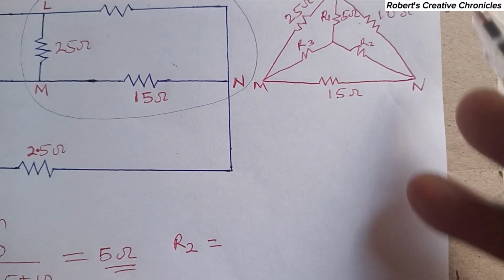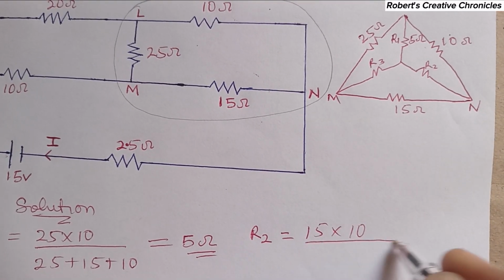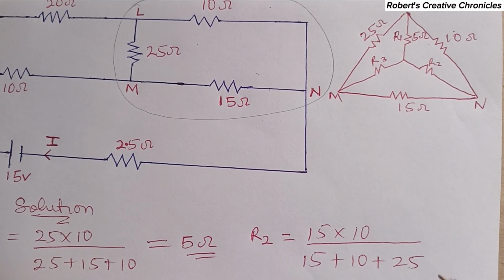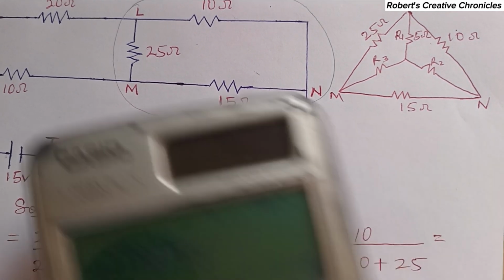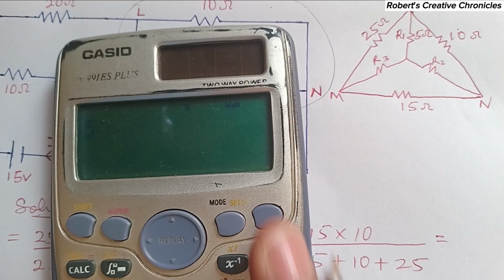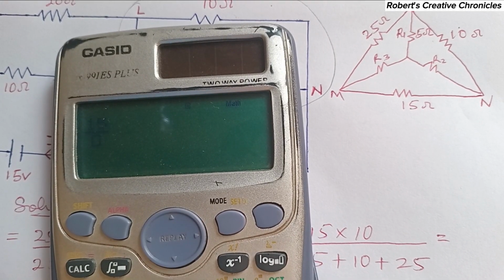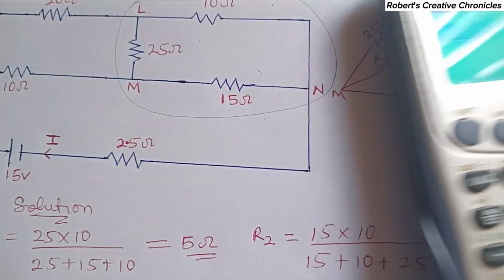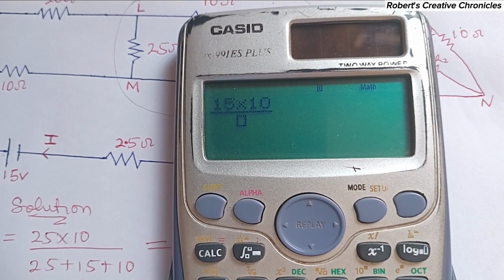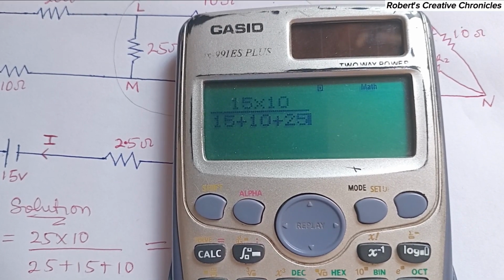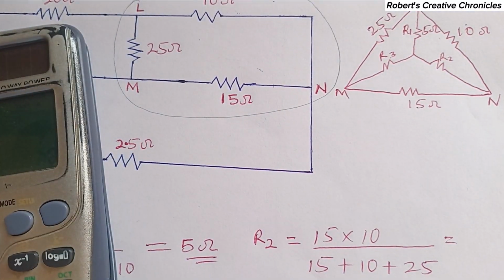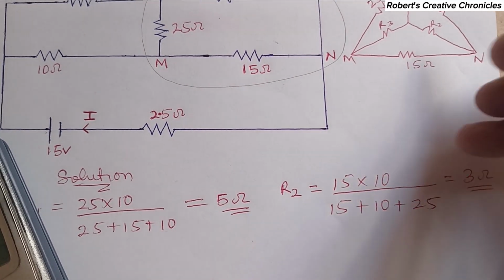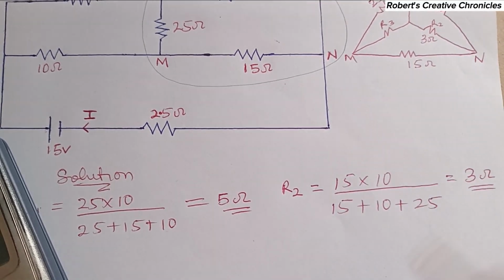Then R2. R2 is what? It is 15 times 10 over 15 plus 10 plus 25, which is 3 ohms. So this R2 is 3 ohms. Then R3 now.